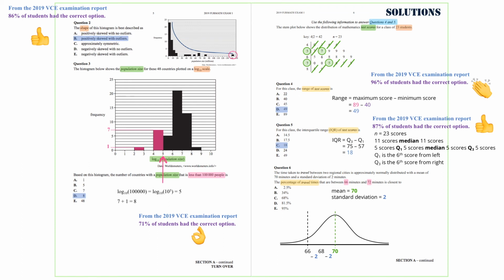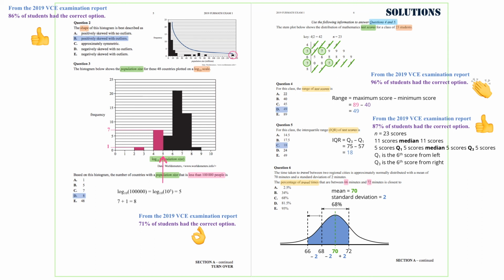Now we are going to add one standard deviation to the right, which is 72. So the area required is between 66 and 72 minutes. We know that one standard deviation to the left and to the right of the mean contains 68% of all data.